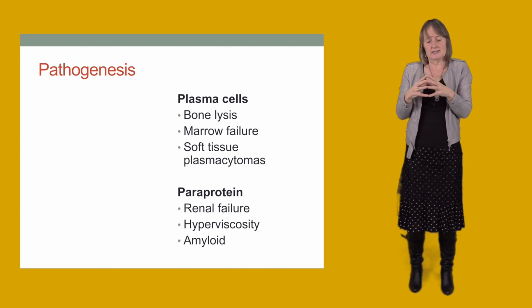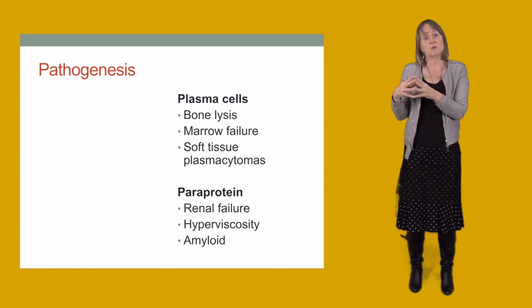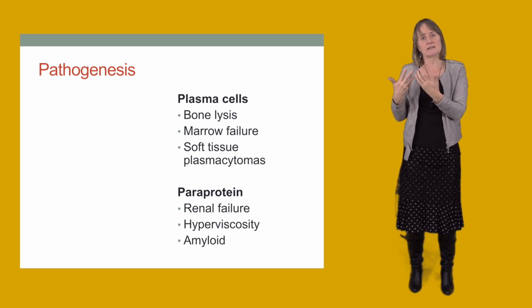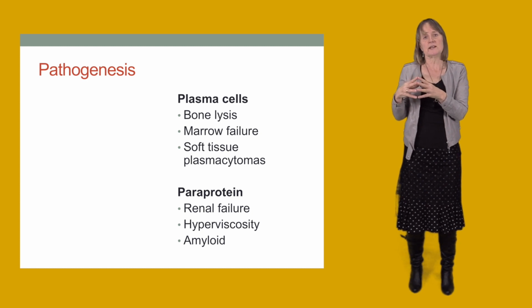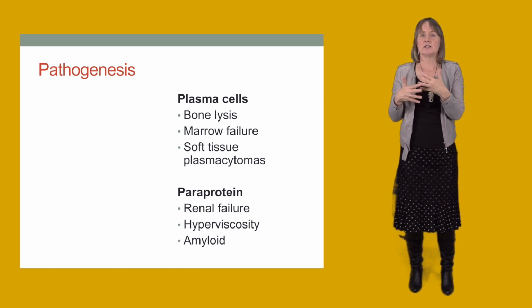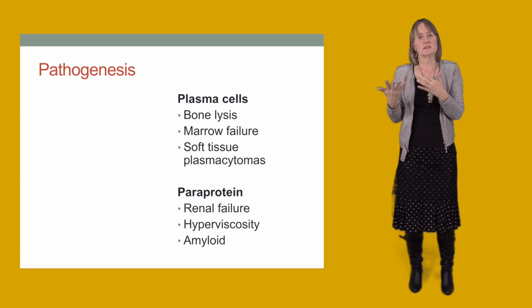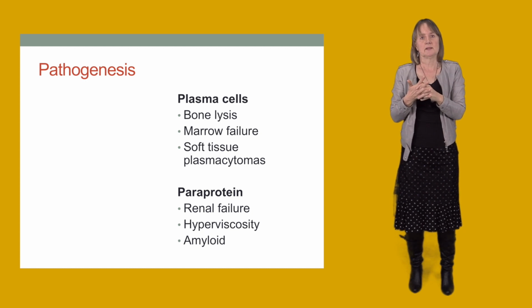Plasma cells accumulating in the bone actually interact with the stromal cells in the bone marrow to cause secretion of cytokines that cause lysis of bone. So the characteristic feature of plasma cells in bone is lytic lesions. And that can produce a lot of extra calcium, which can then result in hypercalcemia.